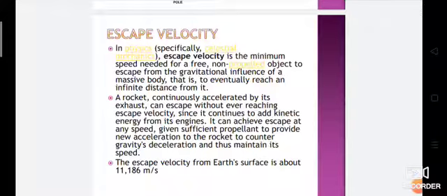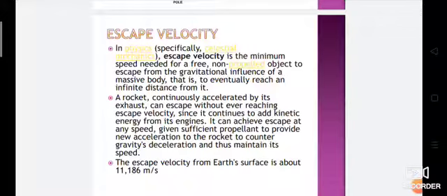Actually, when we talk about escape velocity, it is also encountered with the gravitational pull caused by any object.